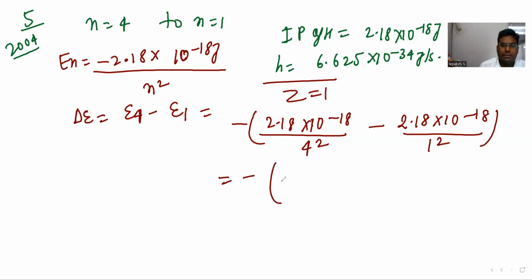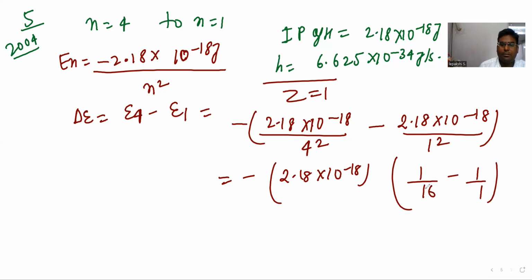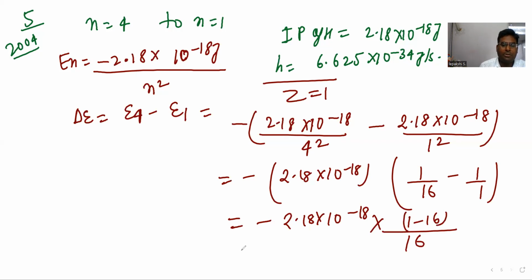Minus 2.18 into 10 raised to minus 18 is common, so remaining is 1 upon 16 minus 1. Take the LCM, 16. So 1 minus 16 is minus 15, and minus minus becomes plus.